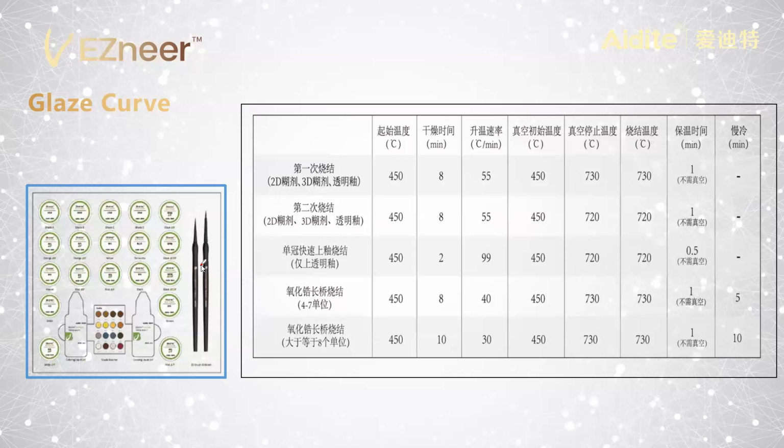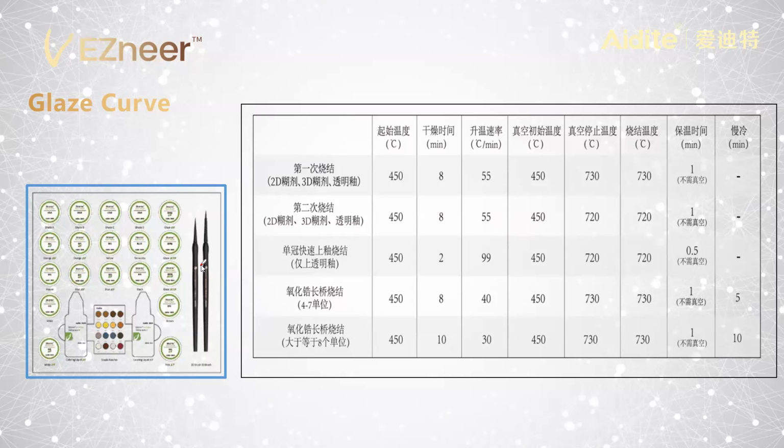Okay, and after we spray the Lisi Connect, we will use our biologic stain and glaze to stain. Because for veneers, usually when we make veneers and also use the EZneer to make veneers, the patients just want them white and more translucent.